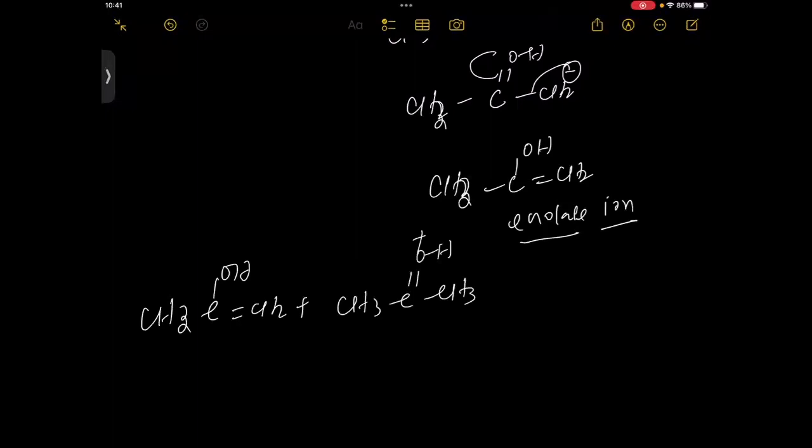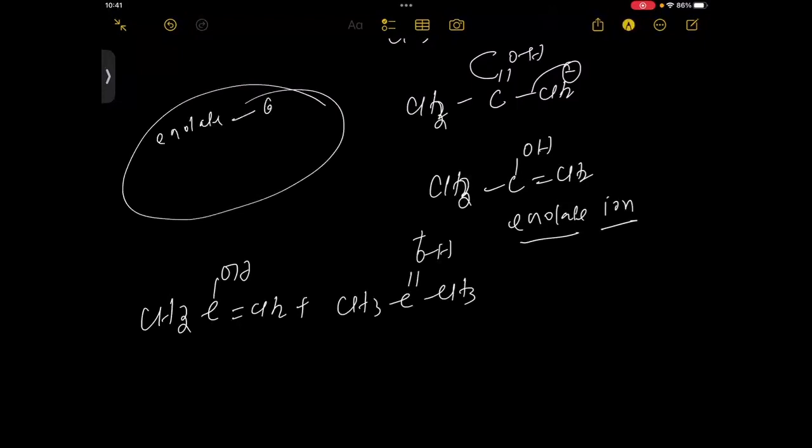In the acid catalyzed, the enol attacks the protonated carbonyl compound, and second, the dehydration will follow the E1 rule. So now it will attack here.